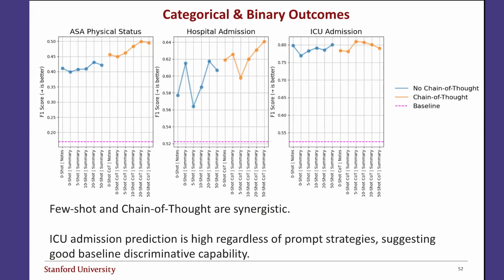But if you look at the F1 score achieved, it's actually quite high. I've shown the baseline F1 score in the purple dashed line. This is like what a random classifier would achieve. So you can see that the LLM has quite good discriminative ability of whether or not a patient is going to go to the ICU after the operating room, which is quite interesting and potentially quite useful in the clinical setting.